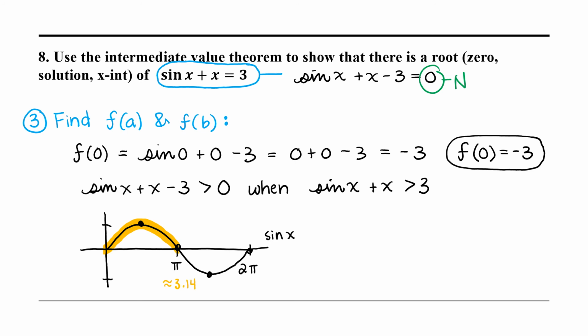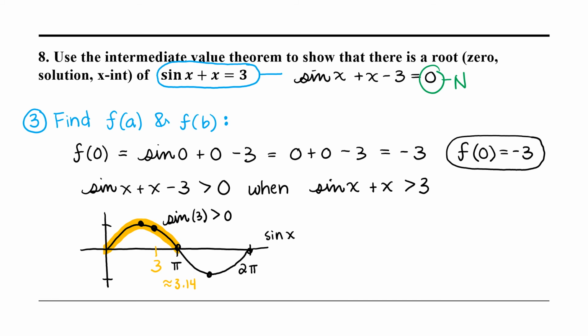So that means that if I'm between 0 and pi, and I look at 3, which is between 0 and pi, well, sine of 3 is going to be positive. I'm not exactly sure what sine of 3 is going to be, but it's positive.